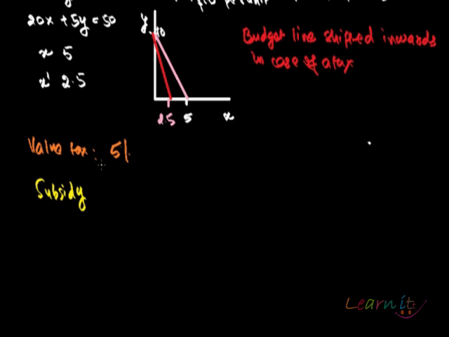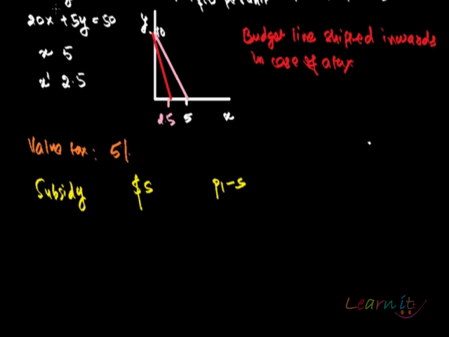If the subsidy is S dollars per unit of consumption of good X, then the price of good X for this consumer would be P1 minus S, because the government is paying a part of this price to the producer and the consumer is not paying that. So S is the amount of the subsidy given to this consumer. So it is P1 minus S. Clear?